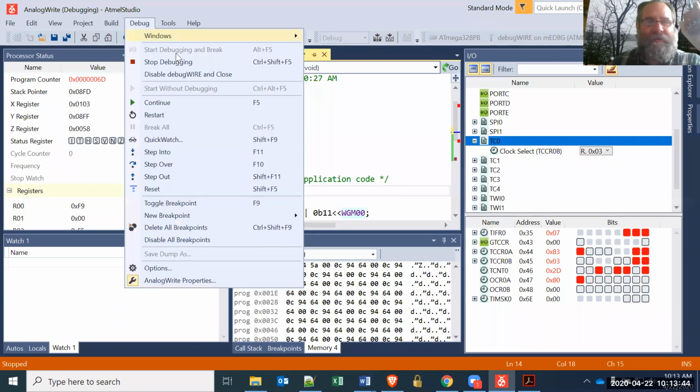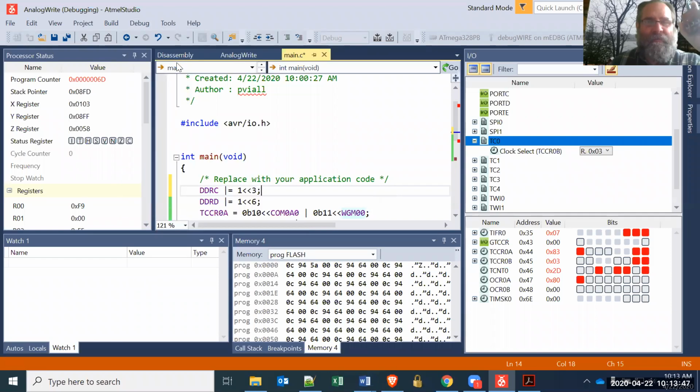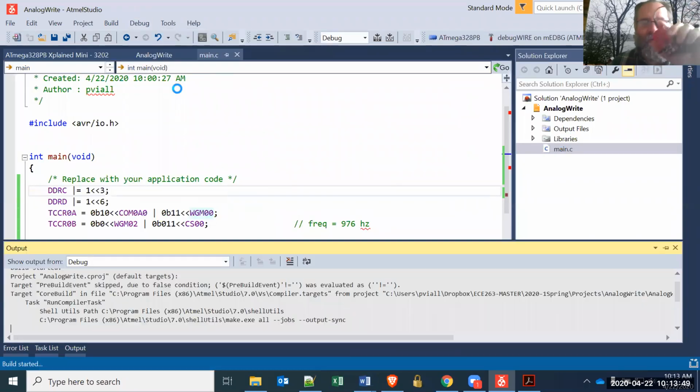All right, so now let's try this. No debugging, let's go for the gold.